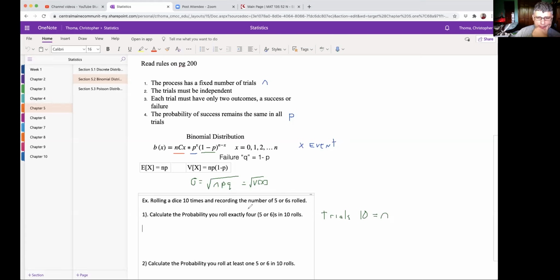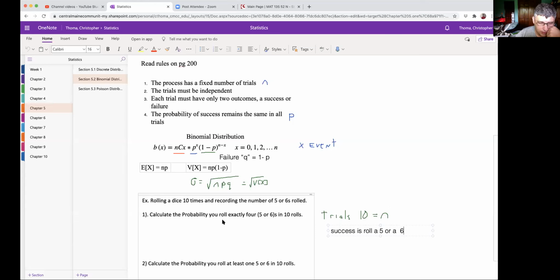Our success is we roll a 5 or a 6. If I roll a dice and get a 5, that's a success. I roll a dice, I get a 6, that's a success. If I get a 3, that is a failure, so it's not a success. So I either get a 5 or a 6 or I don't, and I'm going to roll a dice 10 times.